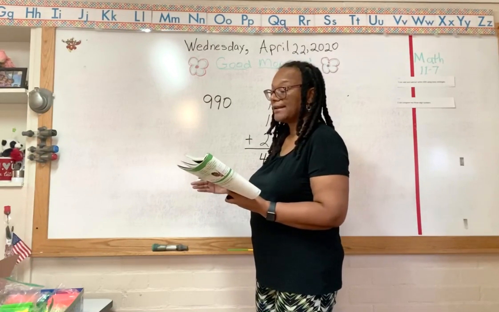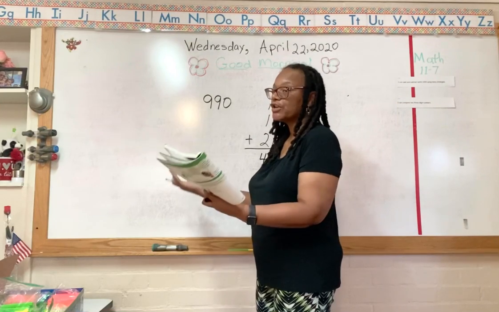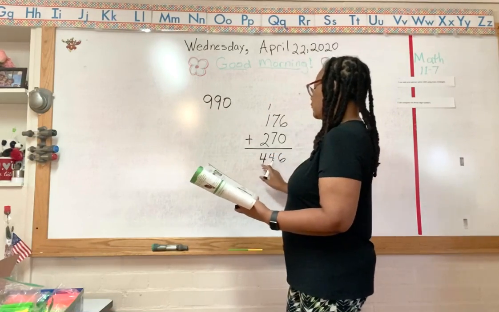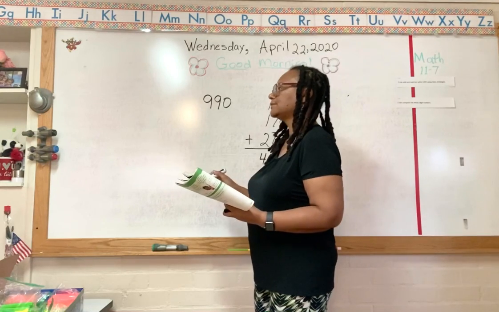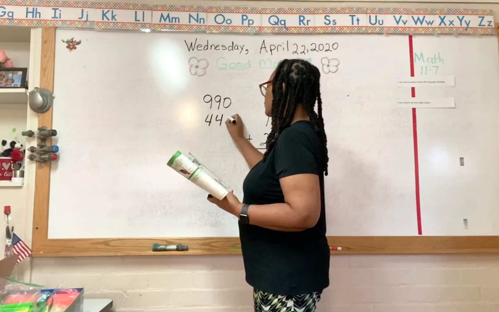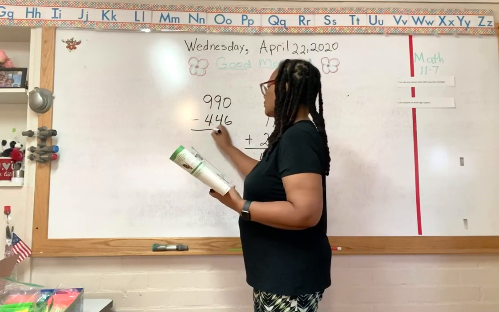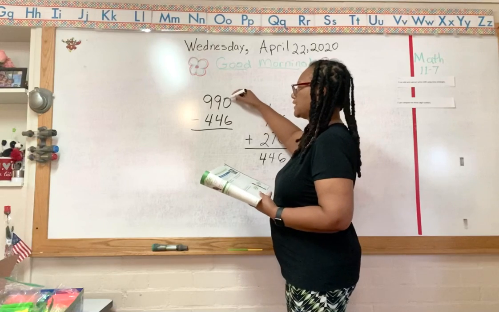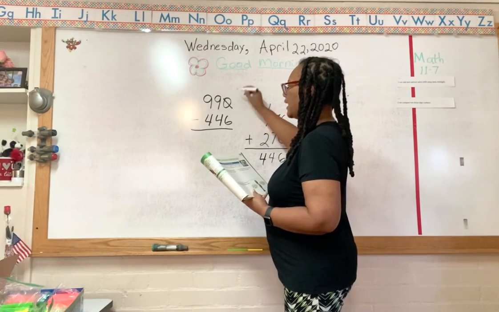Now, to find out how much heavier the bear is, still 990, 446, he's still pretty heavy. We're just going to subtract. And yes, we have to regroup here because 6 is bigger than 0.